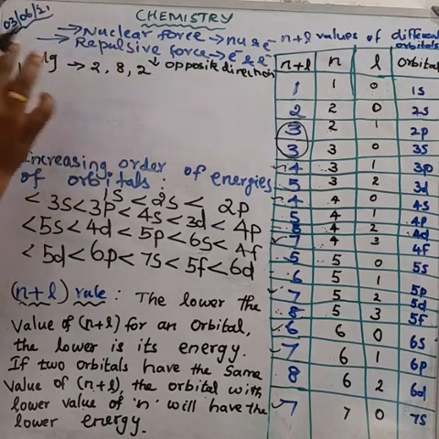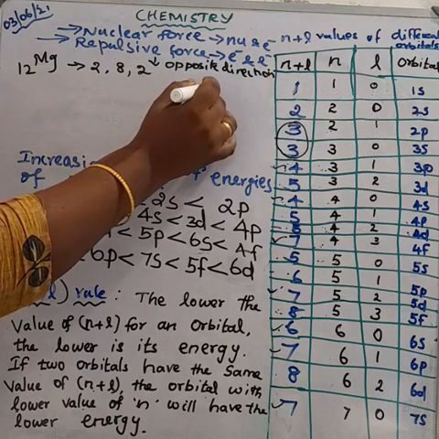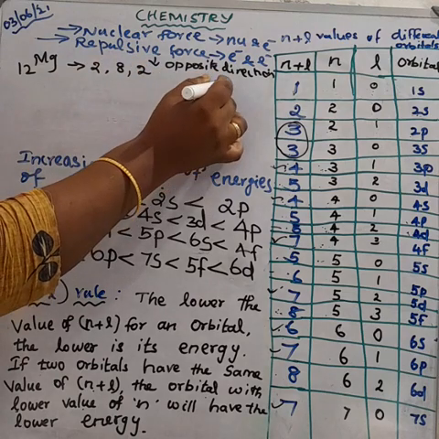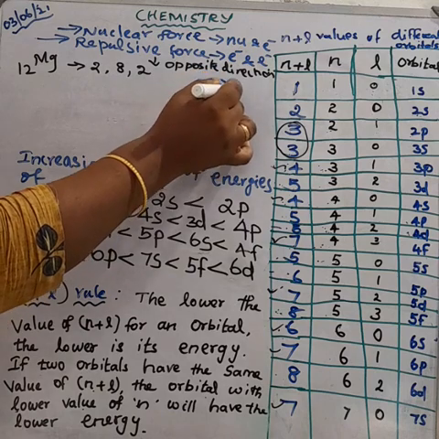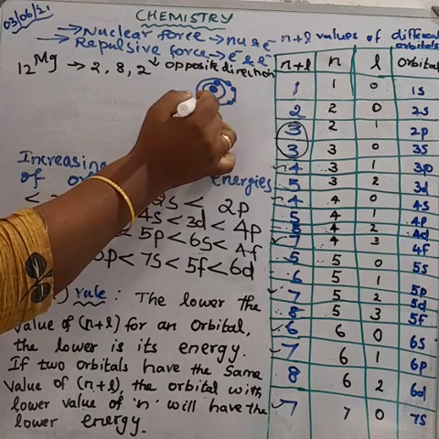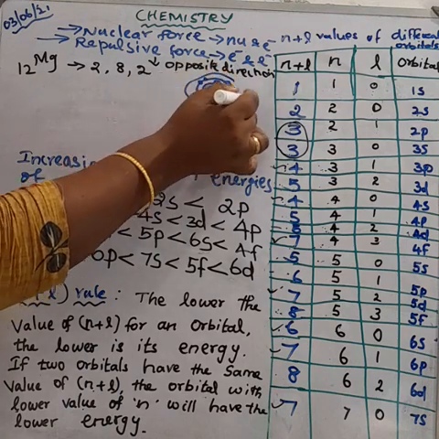The first shell can accommodate 2 electrons, the second shell 8 electrons, and the last, third shell 2 electrons.